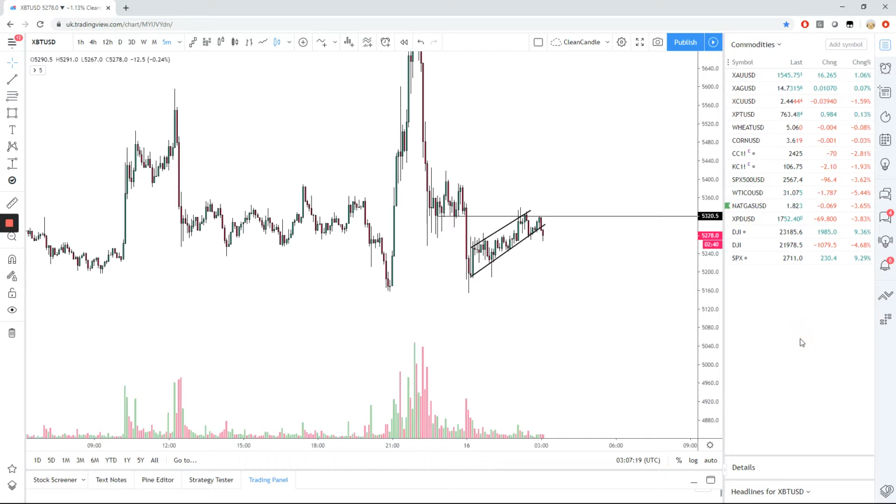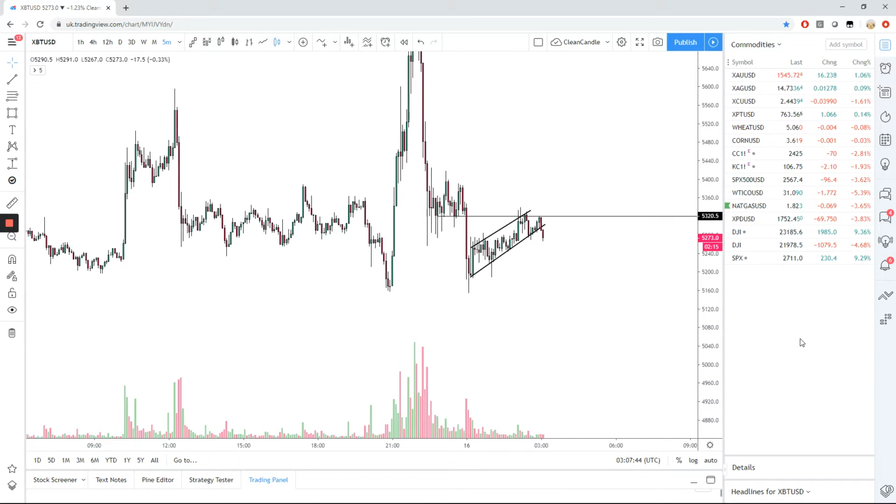Essentially, in traditional markets you have four main trading regions. You have FX, your Forex pairs. You have commodities, which are things like your gold and your silver. You've then got your indices, which are like your S&P 500, your Dow Jones, your FTSE 100.